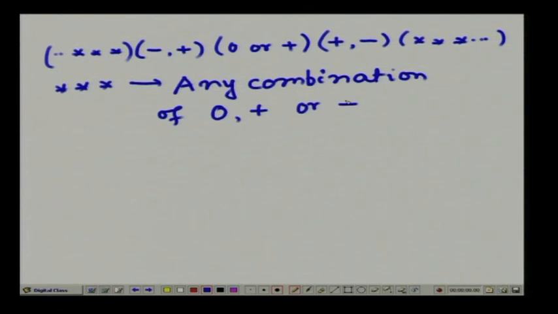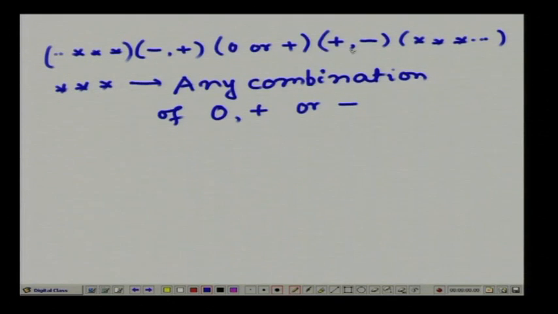Firstly, I can get any combination of 0, positive or negative, and then whenever I have a transition from the background region to the object region, I will have a negative followed by a positive, and then within the object region I can have either 0 or positive symbols.